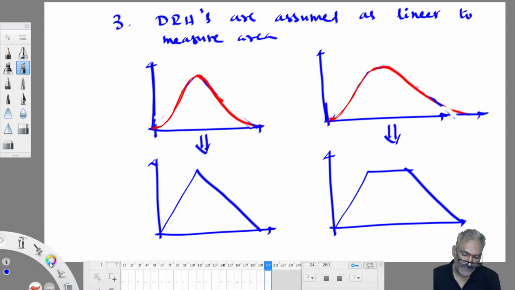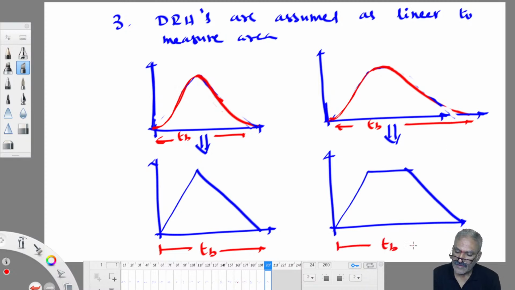Then it has got TB. Same TB, here also same TB. This is TB, base period, base time. This also has TB base time. This has got a peak QP, same QP we will take. Small error would be there, but okay. Idealized, you get a small amount of error.